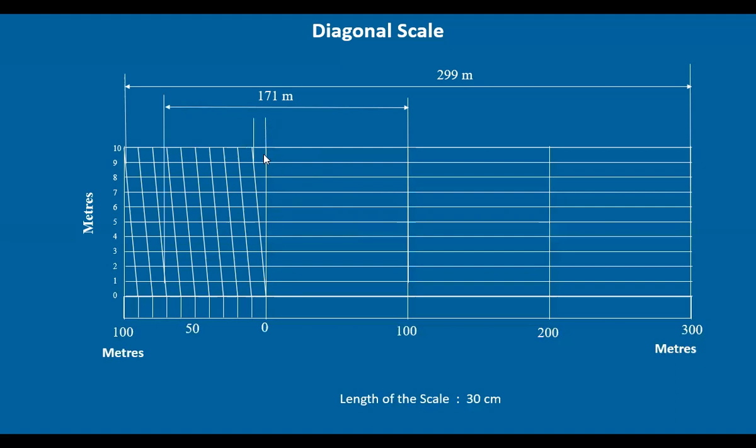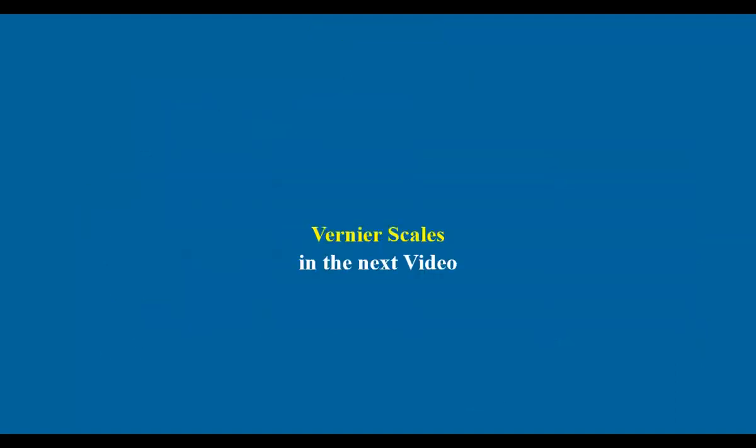We have taken a vertical line here at 0, and an extension line is taken from the 9th division. This side, you don't have anything, and only here at the 9th division we have taken the line. That means 9 meters. So the distance between these two is 9 meters. Like this, we'll be showing the dimensions.